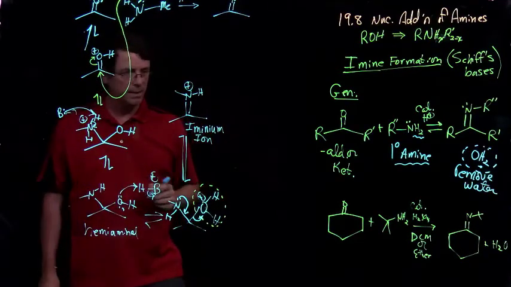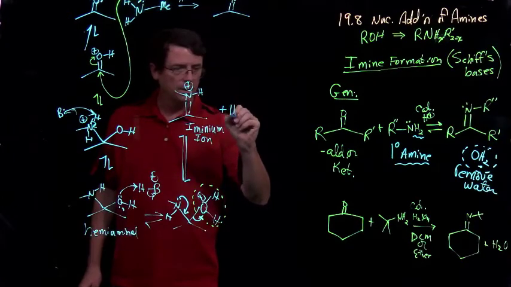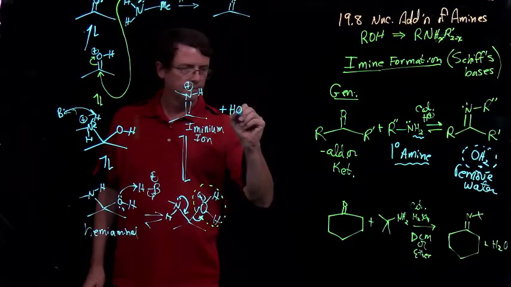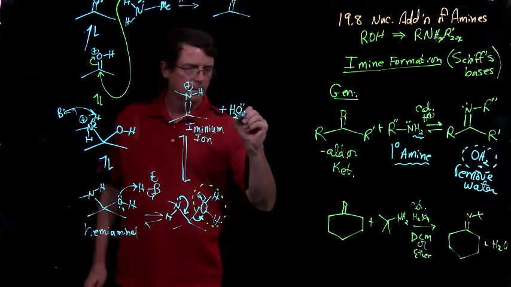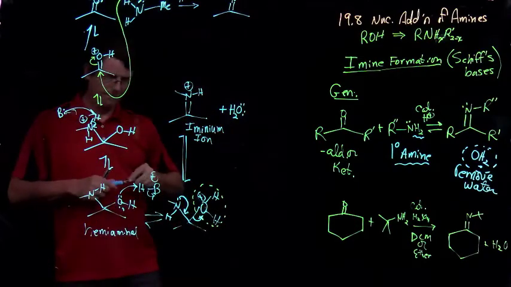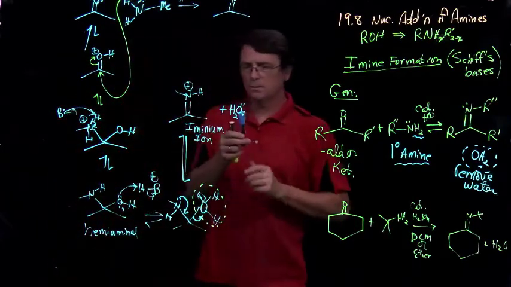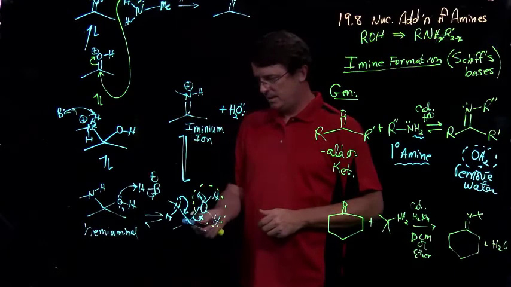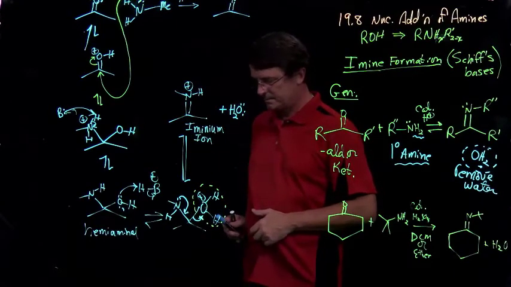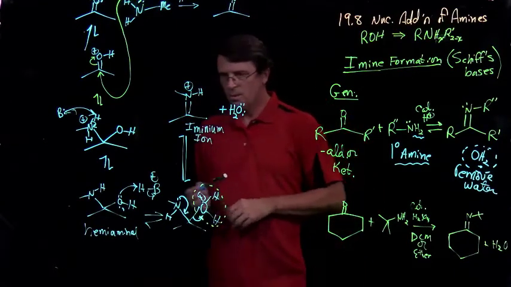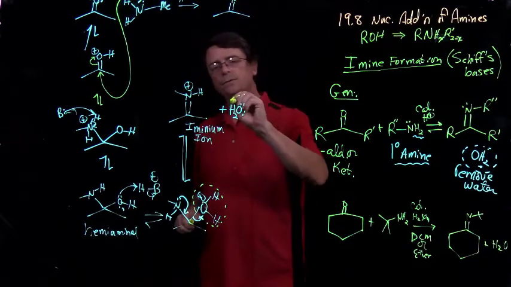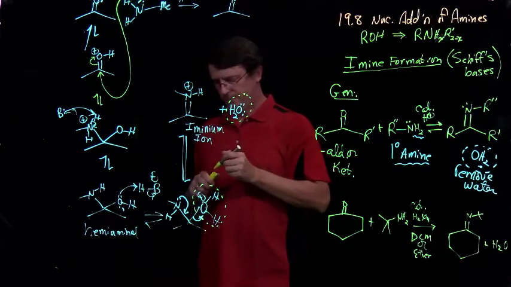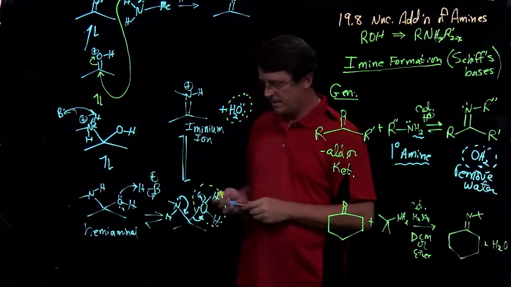We need to lose that. Of course, we have a water molecule with a couple of lone pairs. This water molecule could come back and attack the iminium ion, and we'll go back, right? This is the water molecule that we need to remove to shift the equilibrium by Dean-Stark or some other method.